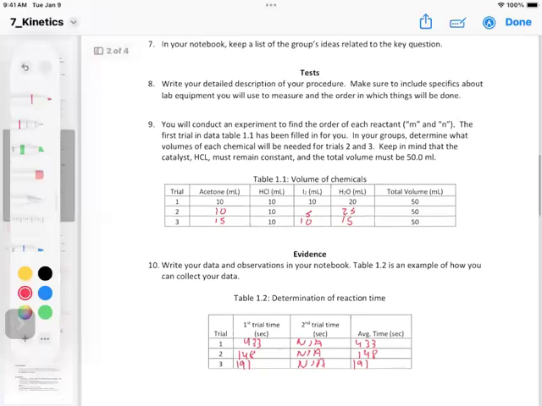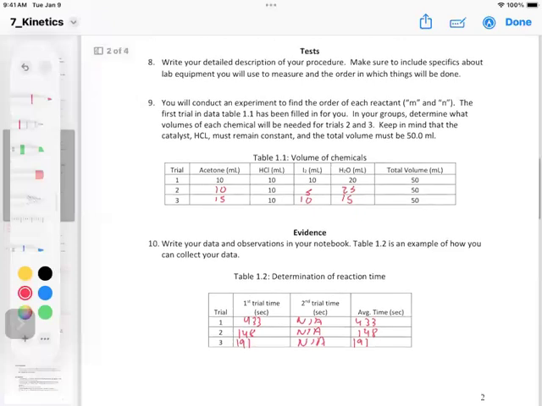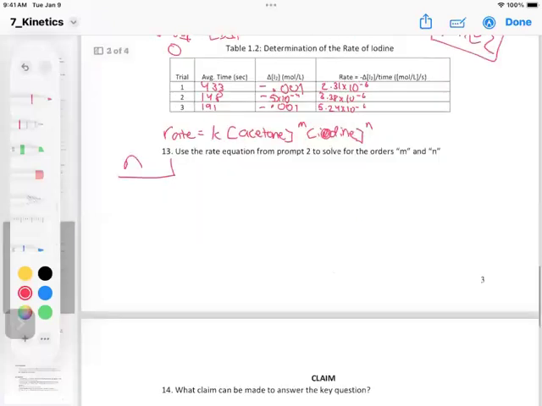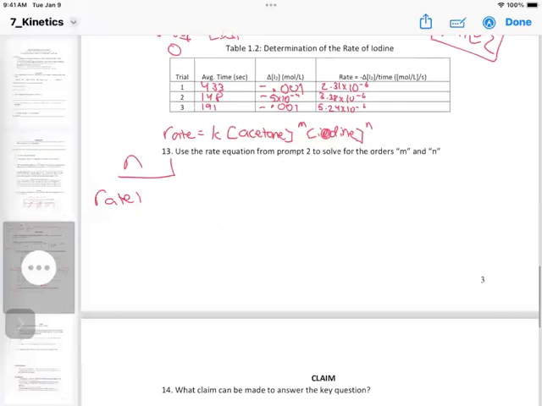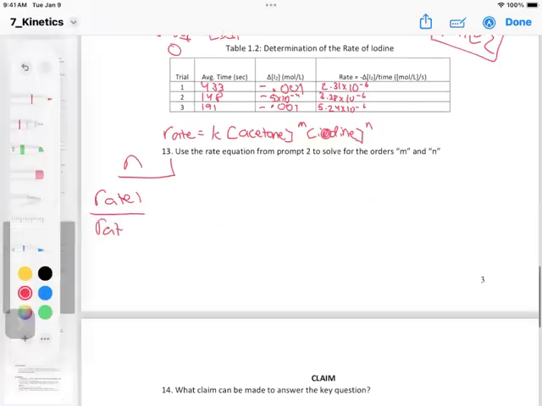Just the iodine. That'd be between trials 1 and 2. So I'll take rate 1 over rate 2.